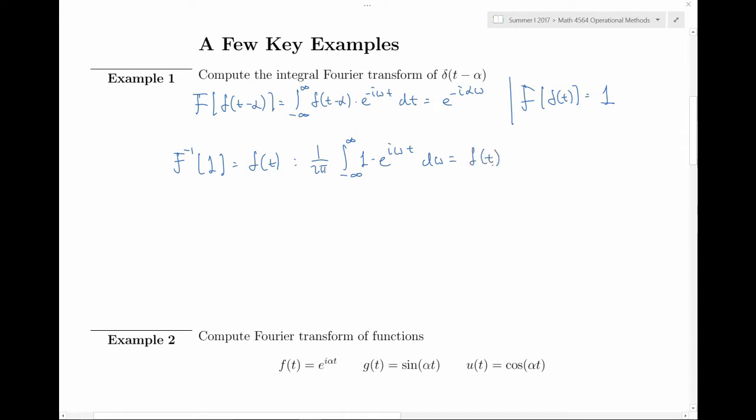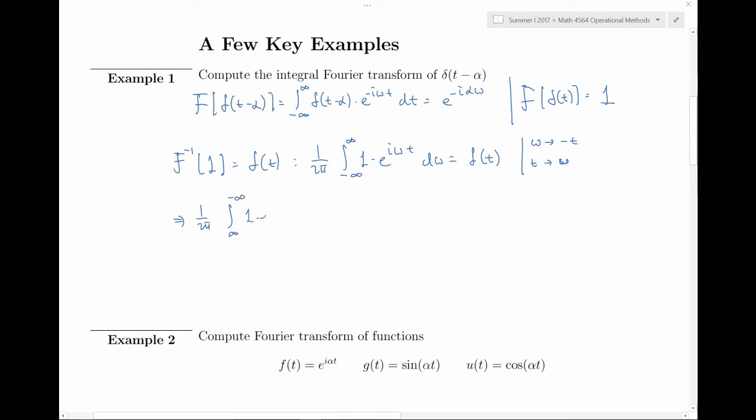I'm going to play a little trick here. I'm going to replace the omegas with t's and t's with omegas. So omega is going to be replaced with minus t, and t is going to be replaced with omega. So this means that 1 over 2 pi, the integral, if I replace omega with minus t, then when omega is minus infinity, the lower limit of integration becomes positive infinity, so the limits run from positive infinity to minus infinity.